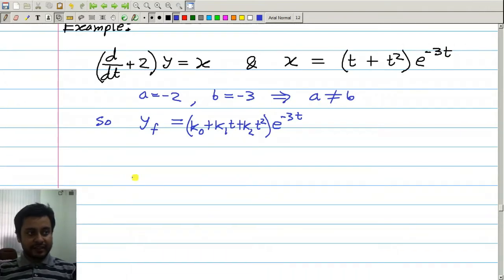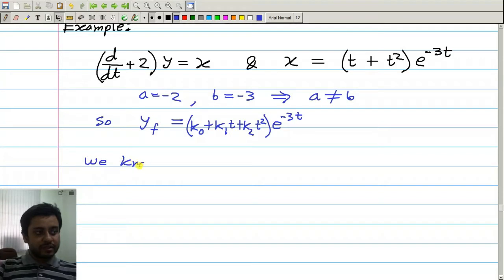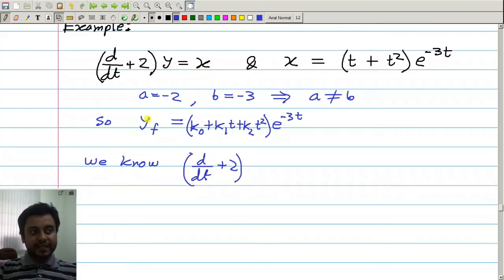Let us find that. We know that this equation d dt plus 2 of y equal to x will be satisfied by this yf. So this will be equal to x. X is t plus t square e to the power minus 3t.